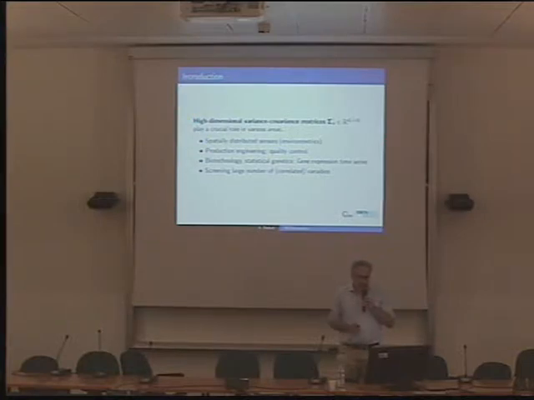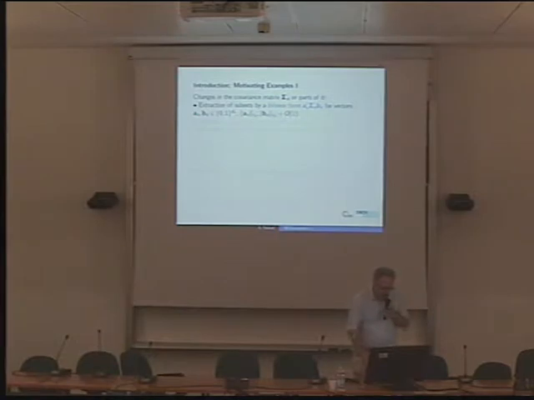We all know that high-dimensional covariance matrices play an important role in many areas: in metrics, spatially distributed sensors are a big topic, production engineering, quality control, biotechnology, statistical genetics. Everywhere we have large data sets, many variables, and in some cases also a big number of observations, but sometimes the dimension is even larger than the sample size.